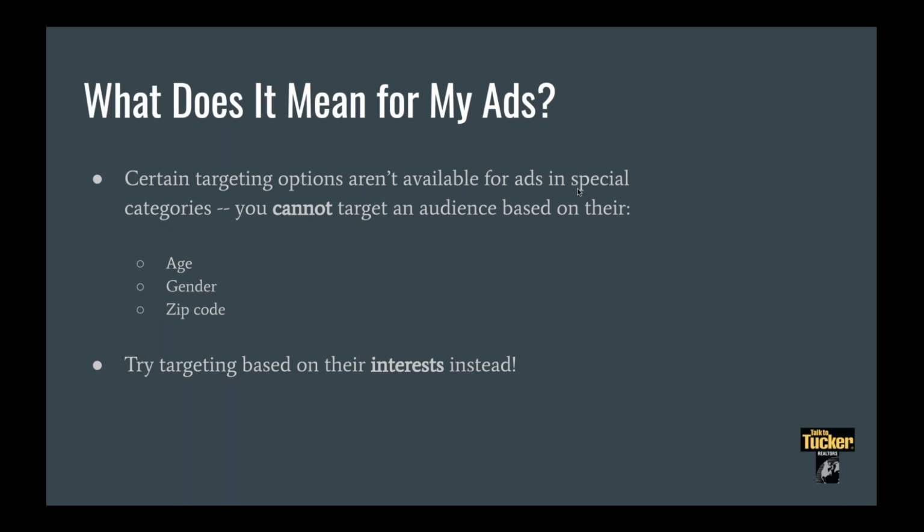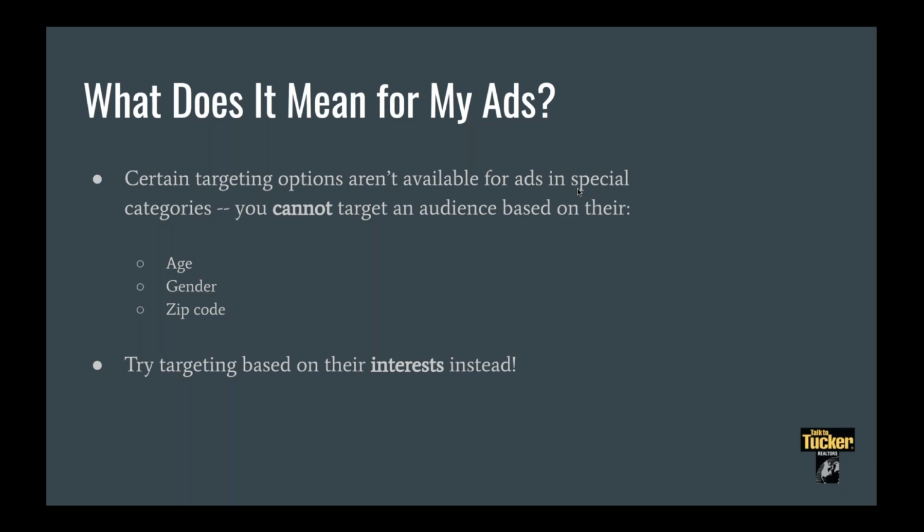If your ad falls within this classification, Facebook will limit the audience targeting options that you have available and prevent you from targeting an audience based on, like I said earlier, age, gender, or zip code. In other words, you won't be able to exclude any type of specific audience from seeing your ad, because this is their way of enforcing fair housing.